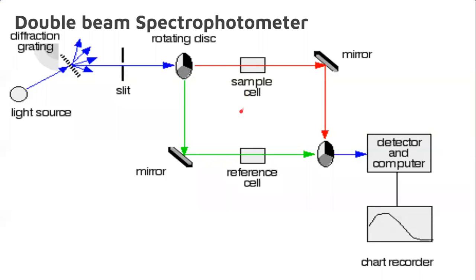In the experiment, we make sure that epsilon, the absorptivity constant or molar absorption coefficient, as well as the length of the cell, remain constant throughout.